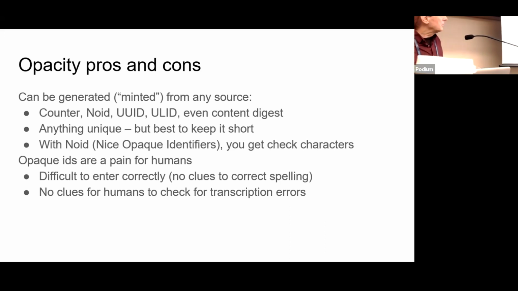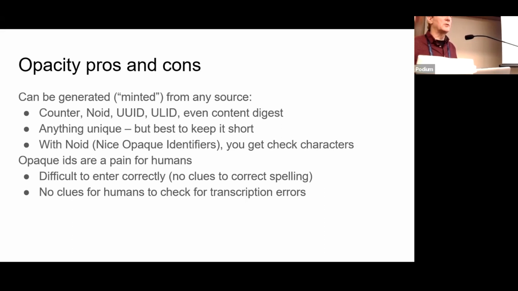So if you have lots of identifiers, there are ways to generate them. One of them is just ordinary counters, opaque identifiers. There's this Noid software, UUIDs. A new kid on the block is ULIDs, which is a more compact form of UUID. So I encourage you to look at that. There's content digest, or even legacy identifiers.